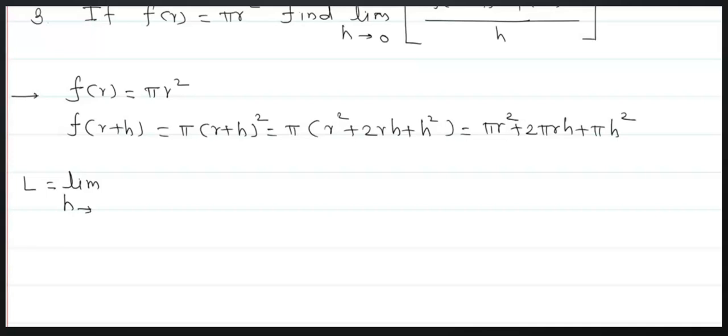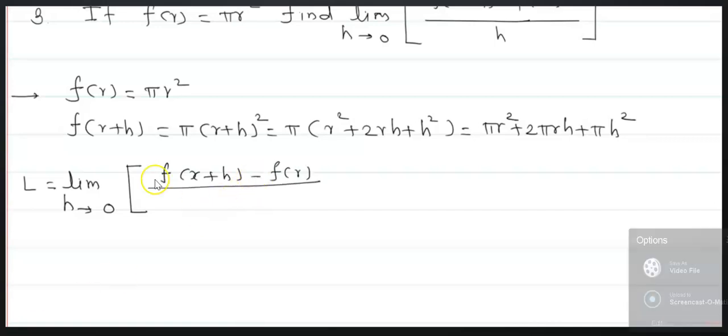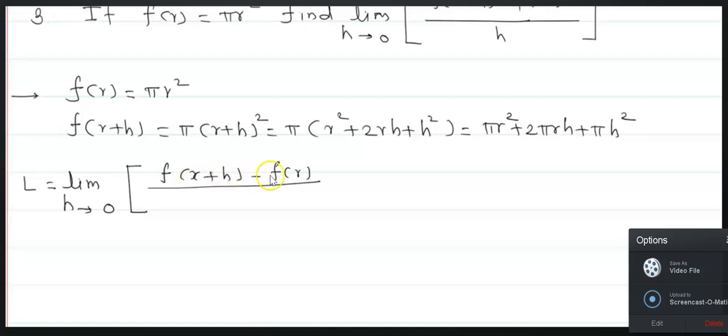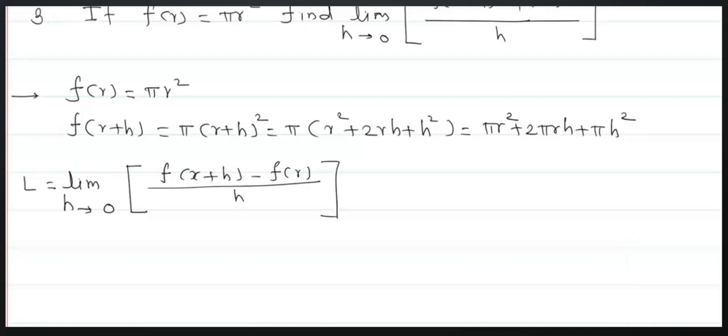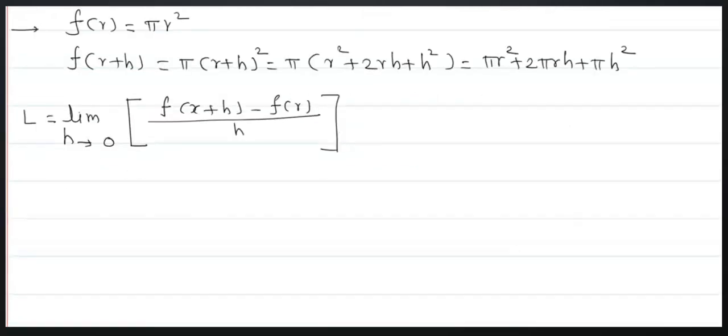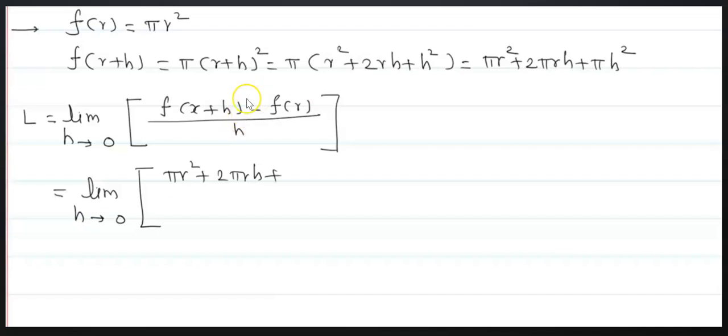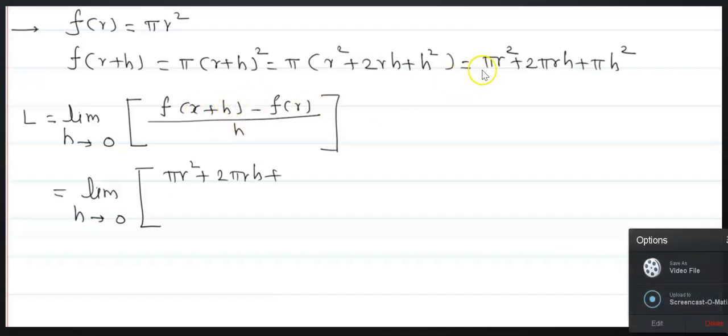That is the limit h tends to 0 of f of r plus h minus f of r upon h. The value of f of r plus h is pi r square plus 2 pi rh plus pi h square.